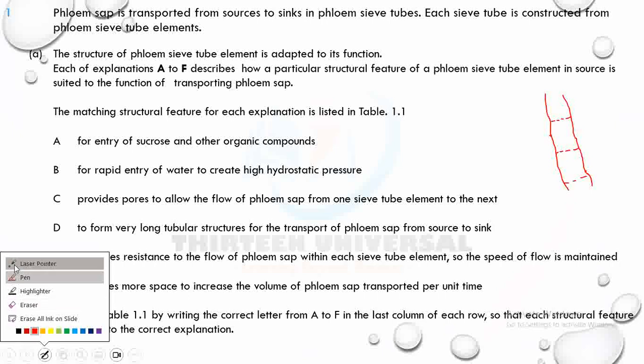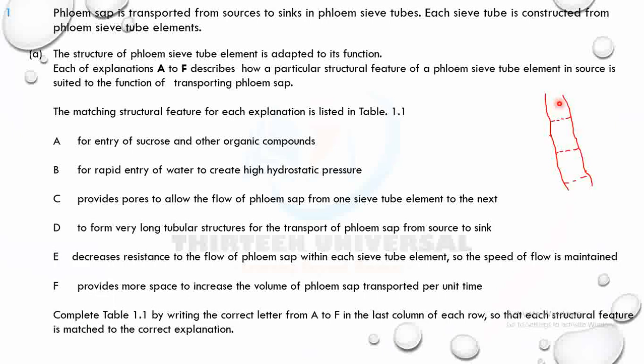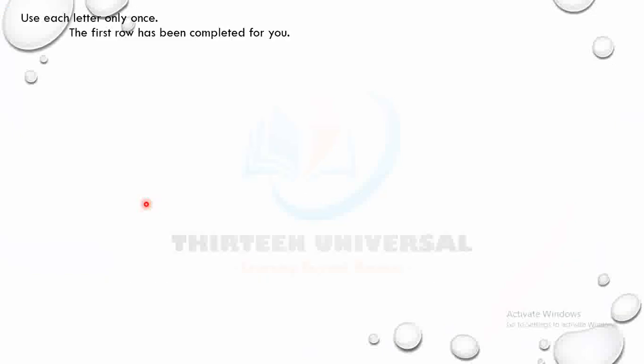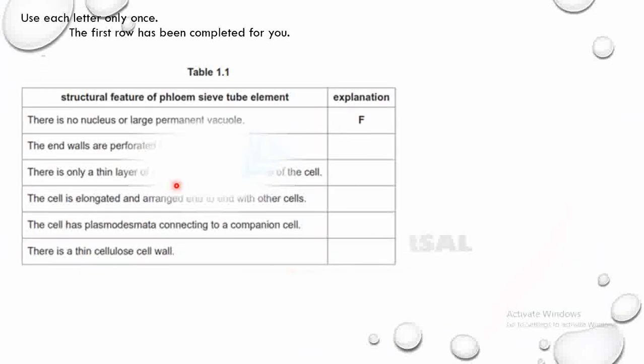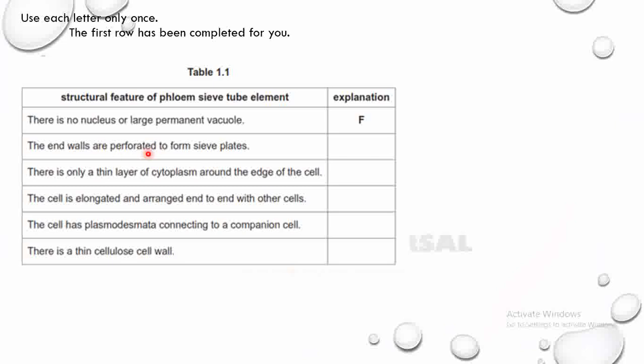So it moves from here to here to here. So that's why C goes with that first one. The end walls are perforated to form sieve plates. That's C.